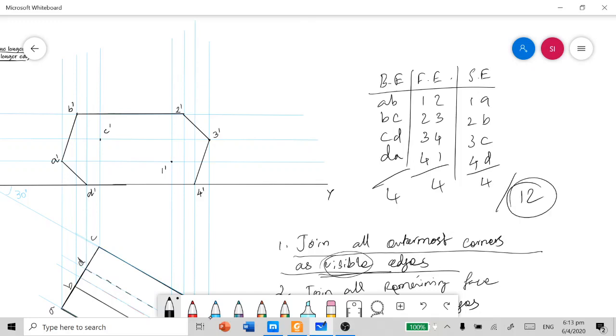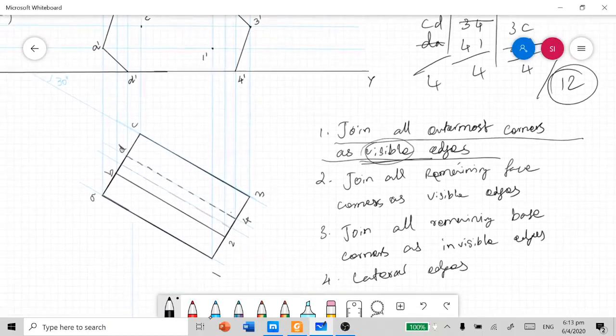By following the first rule, now I connected the base edge AB and base edge DA. The BC and CD are not yet connected. And in the case of face edges, the face edges 2 3 and 3 4 are now connected. The edges 1 2 and 4 1 are not yet connected. In the case of the lateral edges, the edge 2B is connected and 4D is connected. So the unconnected edges can be connected by following the further rules.